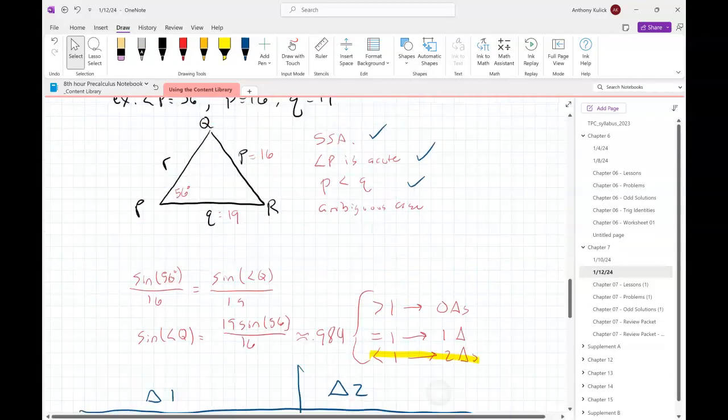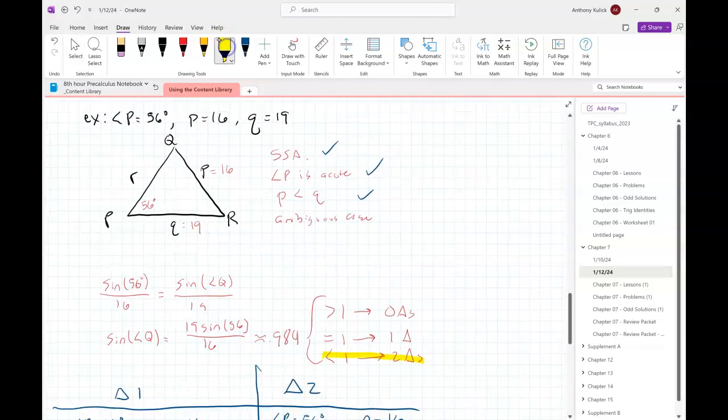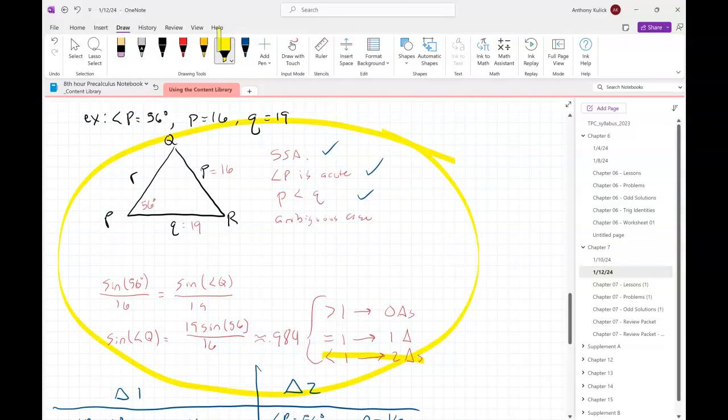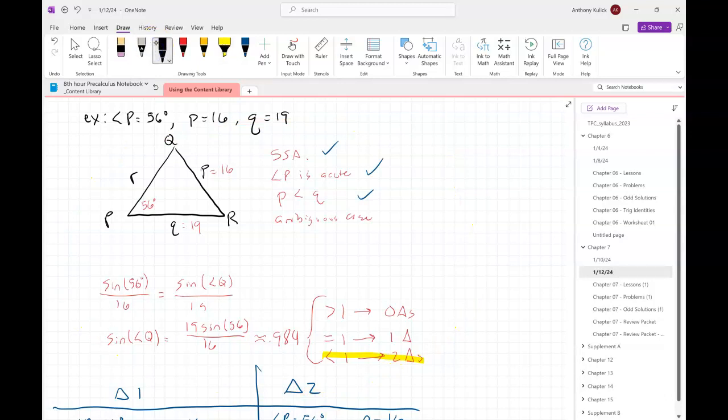So you're just doing this part. You're not solving the triangle. You're just doing that much of it to determine whether it's 0, 1, or 2. Don't solve it. Everybody's okay? Do not solve it. You're doing too much. I mean, you can. It's not wrong to do it, but you're going to waste a lot of time.